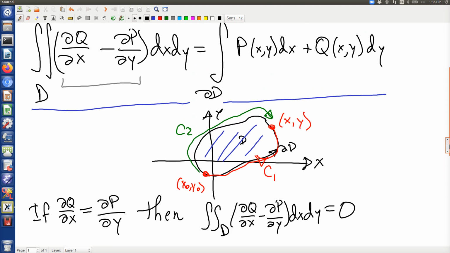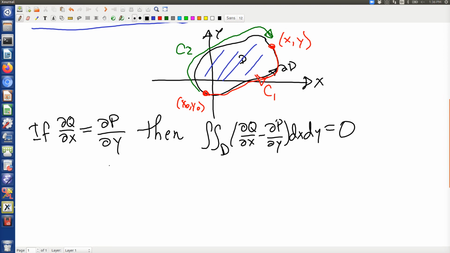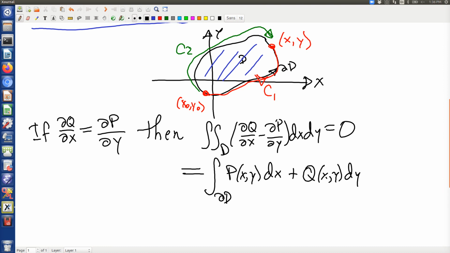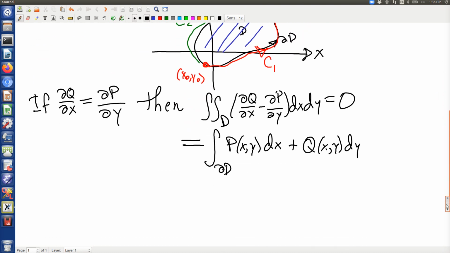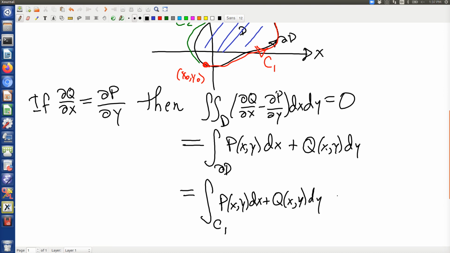On the other hand, using the other side of Green's theorem, that's the boundary of D. This is p of x and y, dx plus q of x and y, dy. I can write this as two separate integrals. One in which the orientation of the boundary of D agrees, that's the C1, and one where it does not agree.